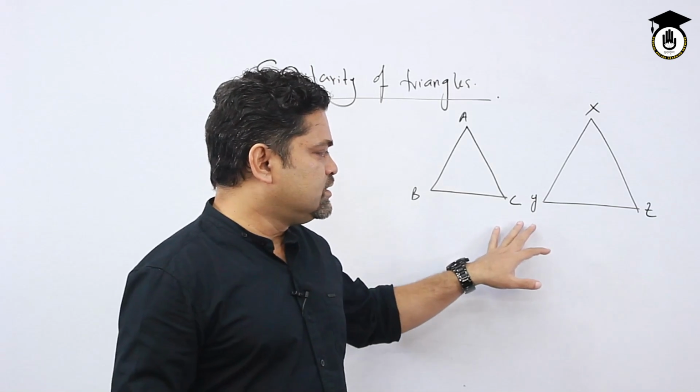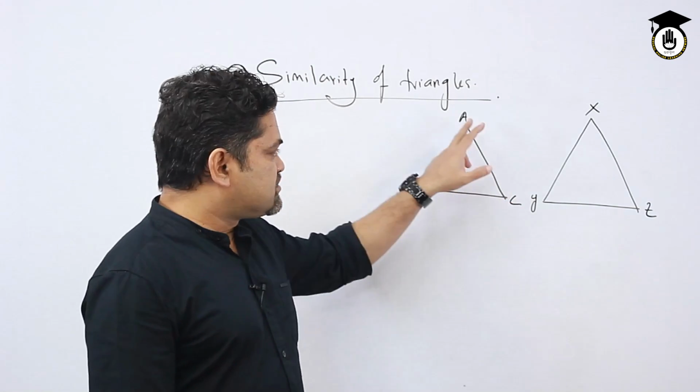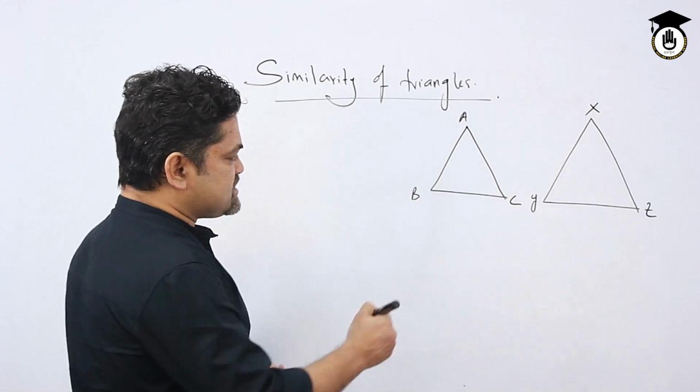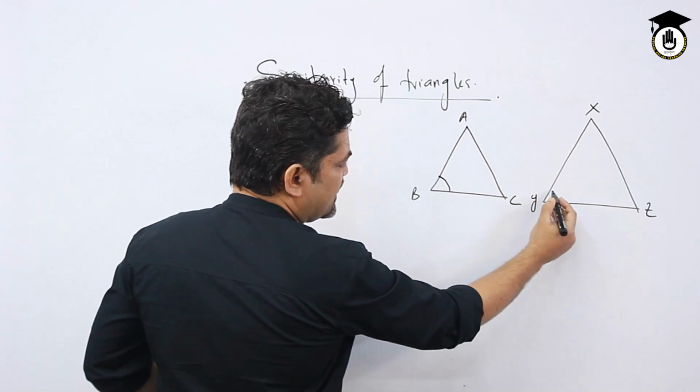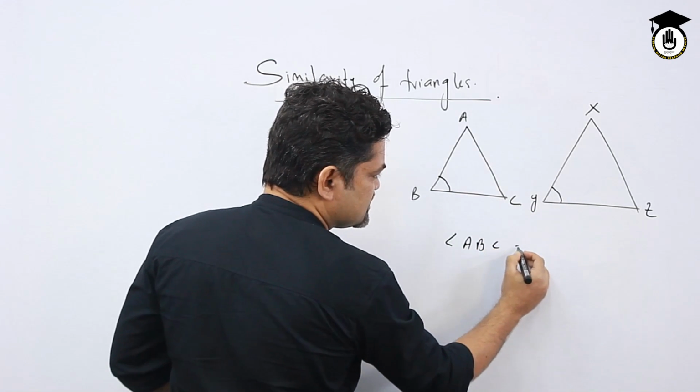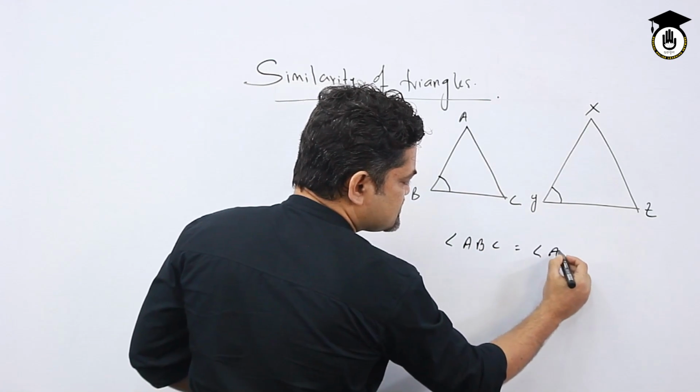Okay, so look on the board, there is a triangle ABC and a triangle XYZ. If it is given that angle B and angle Y are equal, I can write angle ABC is equal to angle XYZ.